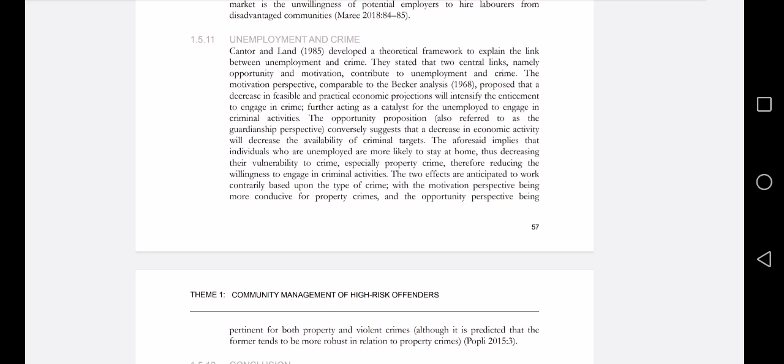The opportunity proposition, also referred to as the guardianship perspective, conversely suggests that the decrease in economic activity will decrease the availability of criminal targets. The aforesaid implies that individuals who are unemployed are more likely to stay at home, thus decreasing the vulnerability to crime, especially property crime, therefore reducing the willingness to engage.